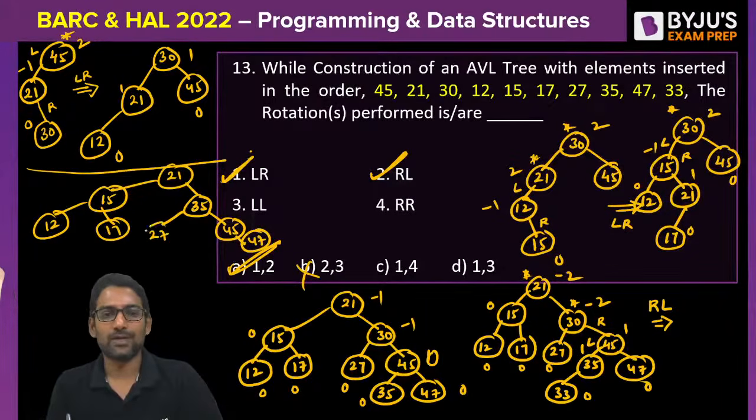Left will be no change. Now we have 35 left, that is 33. It would be towards left, but as right to 27. So this is how it becomes. Now if you see balance factors, -1, -1, 2 minus 2, 0.